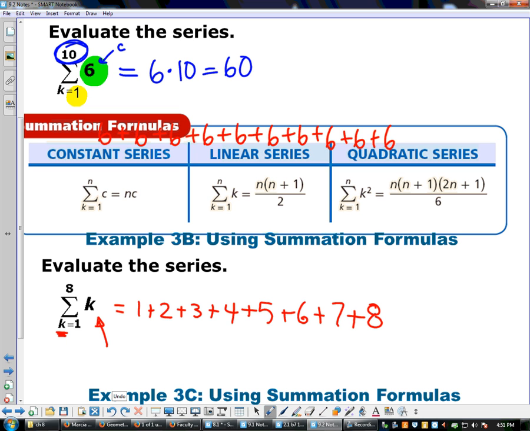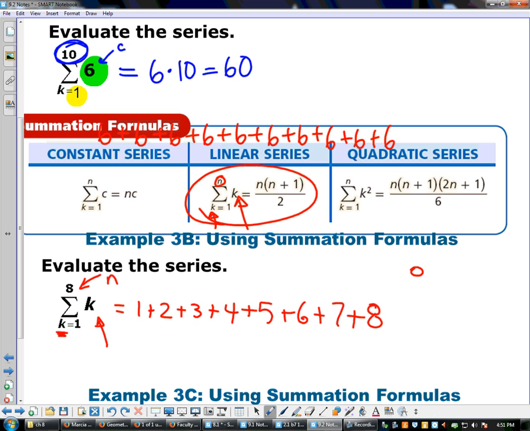So we could add all of these up, but there is an easier way. We can use this formula because, again, we see k here, k here. It's really adding 1 plus 2 plus 3 all the way up to our top number of n. And so we're going to use this formula. So that is going to be n. What's our n? It's our top number. That's 8. And what's our n plus 1 then?